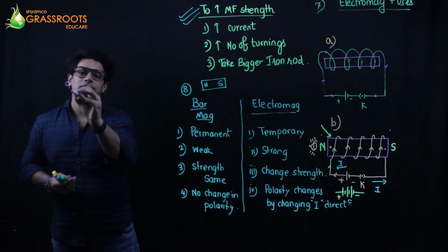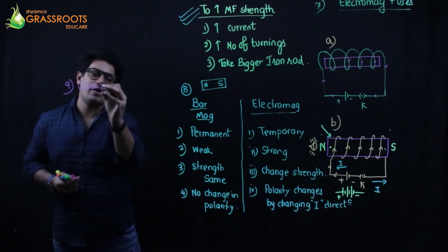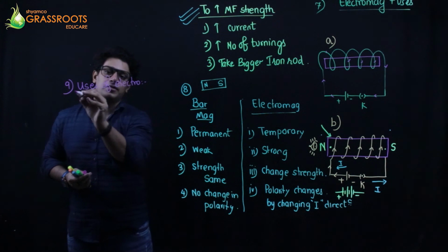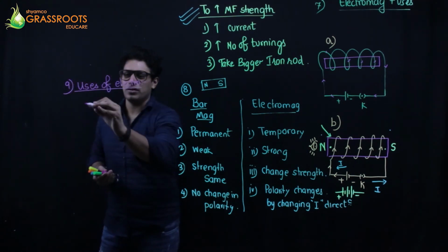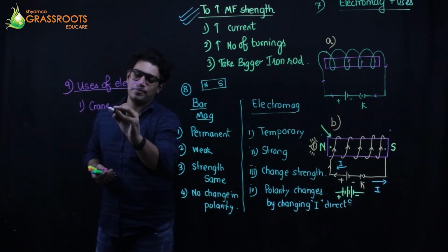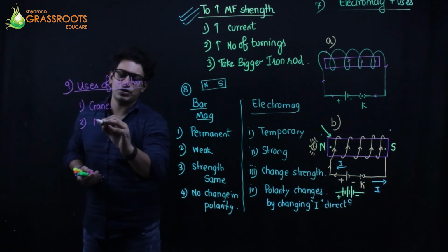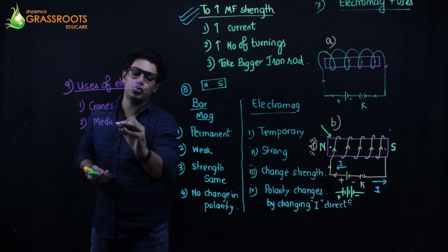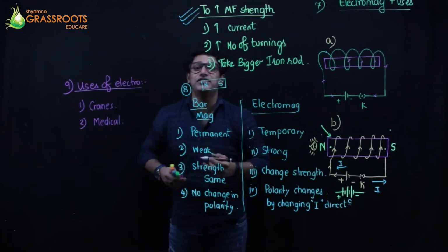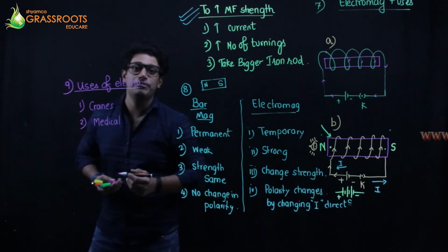But yeah, the ninth one, the uses of an electromagnet. Okay, you can study directly from the book. First use is to lift up cranes. Then it is used for medical purposes also, to remove the iron filings or iron pieces if it enters into the bloodstream.